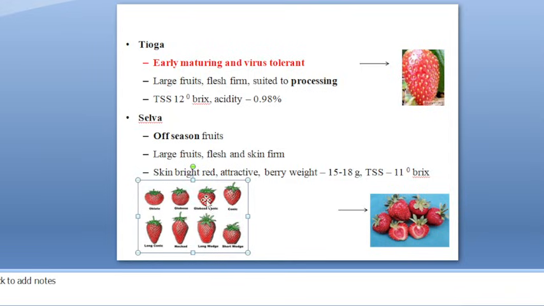Globose itself has different types: globose conical, exact conic shape, long conic shape, long wedge shape, short wedge shape. Like this, we can identify the varieties based on the fruit nature as well as the varietal characteristics.